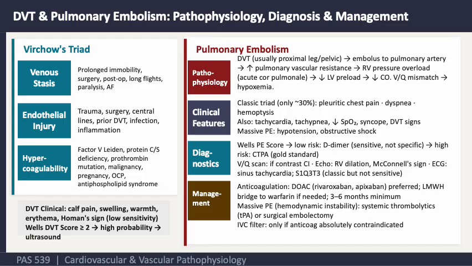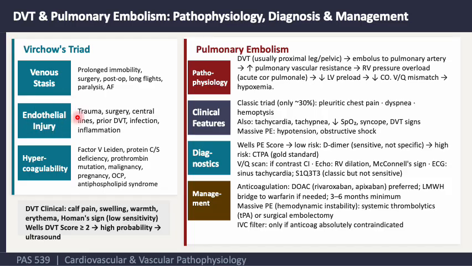So initially, when you're thinking about a DVT, there is a triad, Virchow's triad, which includes venous stasis, endothelial injury, as well as hypercoagulability. Venous stasis is usually from prolonged immobility, surgery, sometimes post-op, long flights, paralysis, or you can see it sometimes in atrial fib.